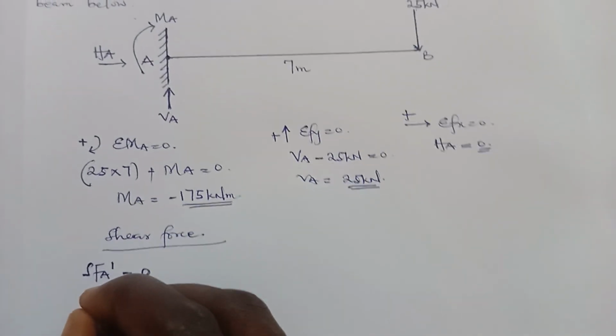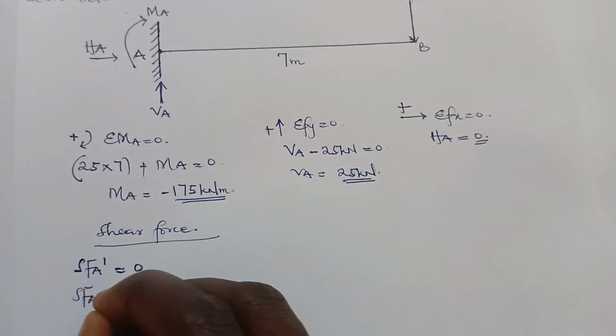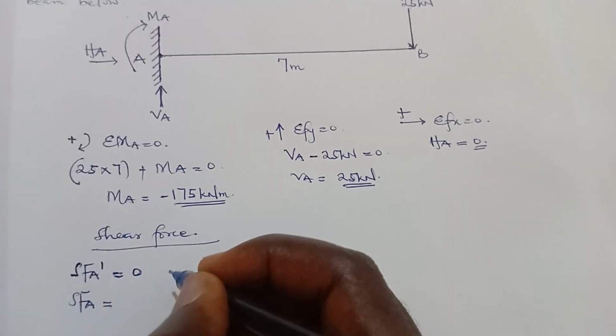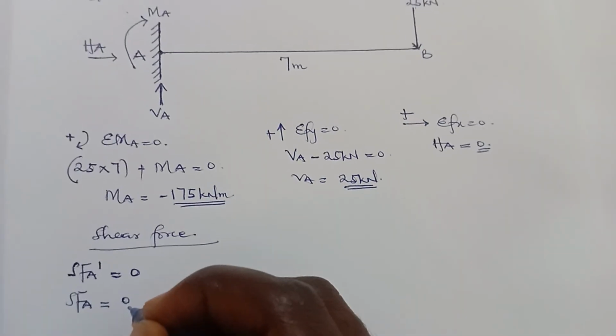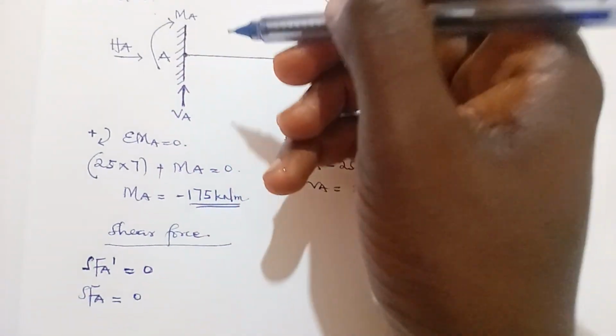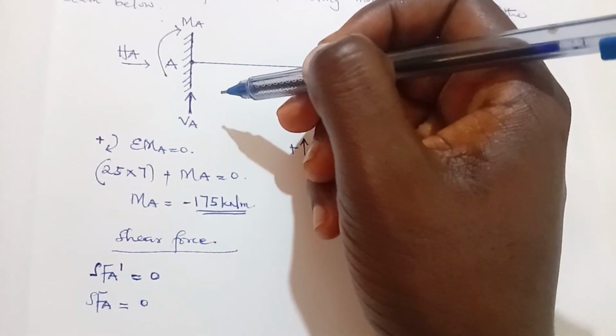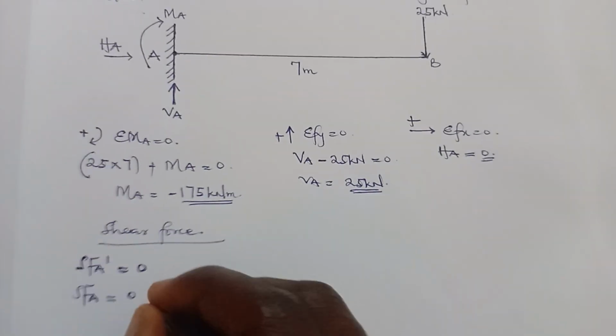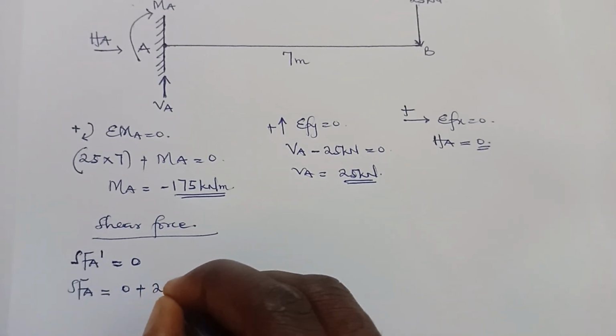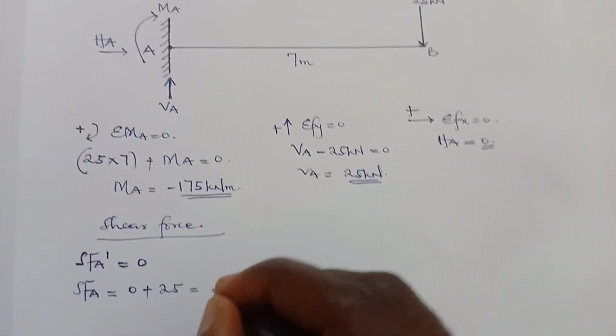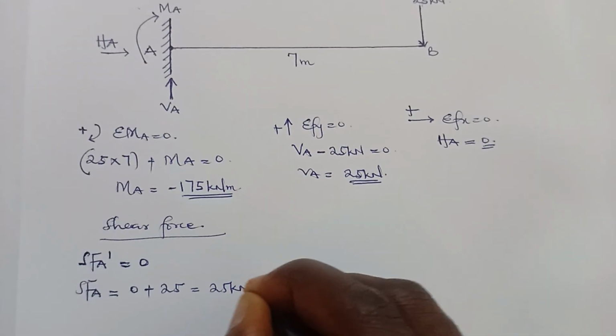And now come to shear force at A itself to be equal to the previous one, which is 0. Then we'll factor in the vertical force, which is VA. It's moving up, so it's going to be plus 25. And this is going to give me 25 kilonewton.